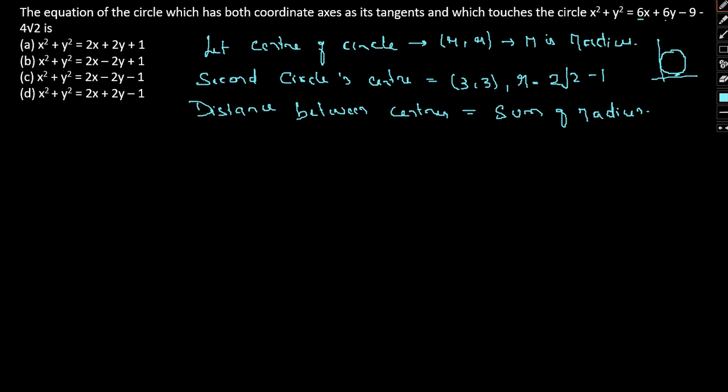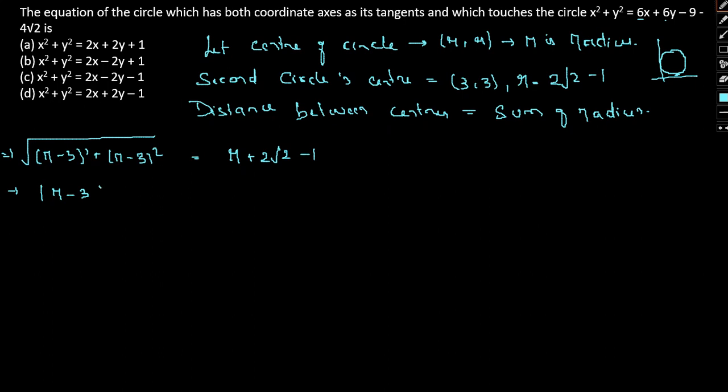So therefore, by using the distance formula, we can write the square root of r minus 3 whole square plus r minus 3 whole square, which can be given as r plus 2 root 2 minus 1.